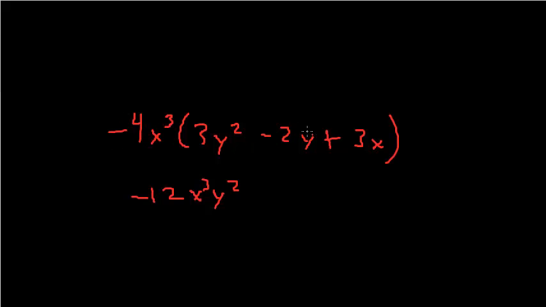Next, negative 4 times negative 2 gives me a positive 8. There's no x term here, so I just bring down my x cubed, and then bring down my y. Next, I have negative 4 times 3 gives me a negative 12. And now I have similar variables, x cubed times x gives me x to the 4th. And this then is my simplified polynomial.